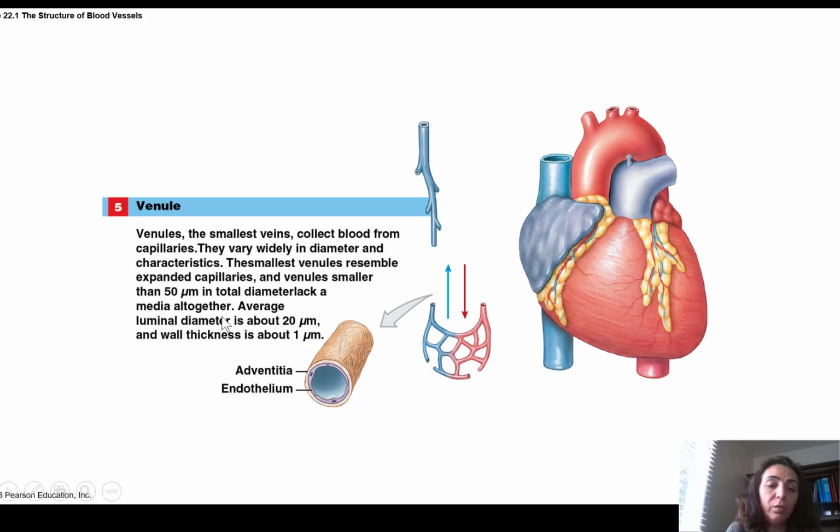You have the descriptions here. You can go over the exact size, but you won't be asked about them. You will be asked only about the arteries. As you see here, it has an endothelium and adventitia. So most of the time it lacks the media.